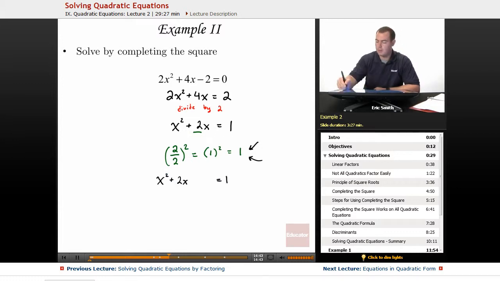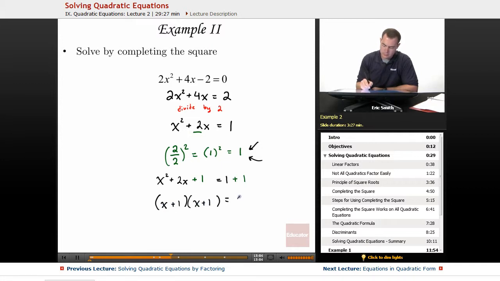So there's all the original numbers, and there's that plus 1 on both sides just to keep things balanced. Now the reason why we're doing that is because on the left side it will now factor nicely. You could use the reverse FOIL method on that left side, and you would get x plus 1 and x plus 1.